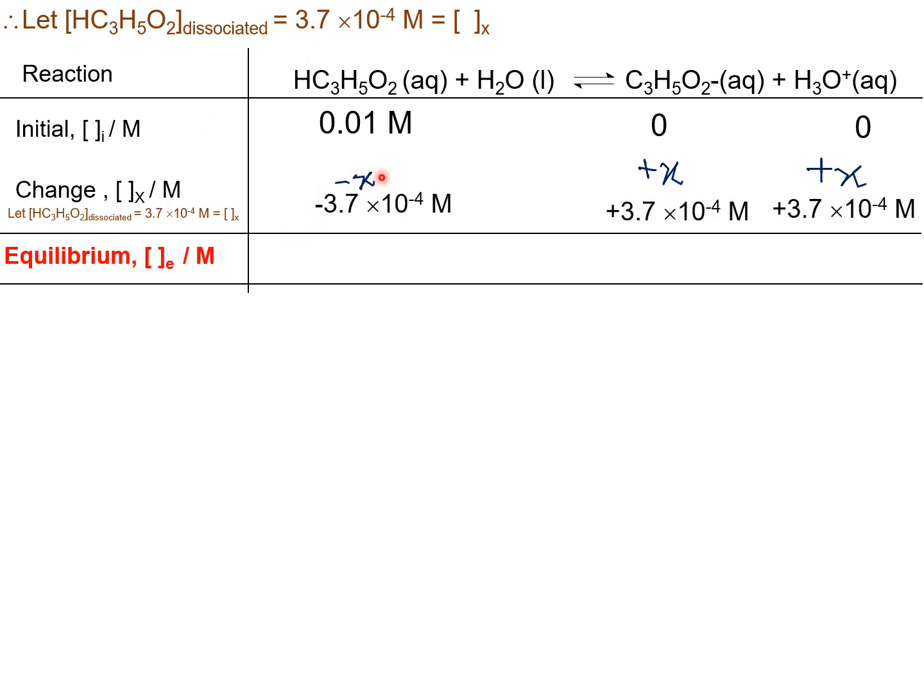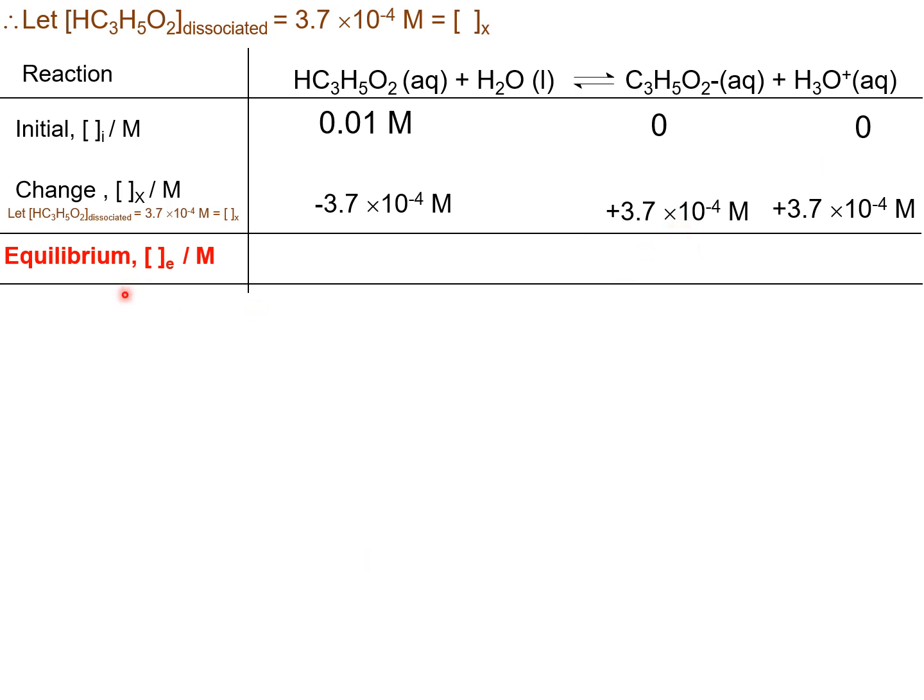Where you just put in the change, the concentration change for propionic acid in this case is negative 3.7 times 10 to the power of negative 4 molar. Okay, the concentration change for both products, since it is plus X, will be plus 3.7 times 10 to the power of negative 4 molar.